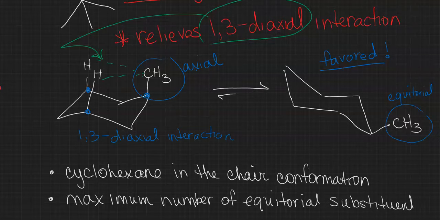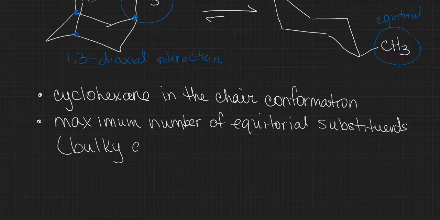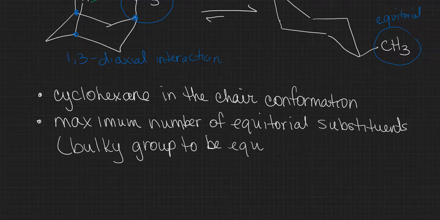That's what's preferred, the maximum amount of equatorial substituents, in which we said we always want the bulky group to be equatorial. You always want the bulky group to be equatorial.